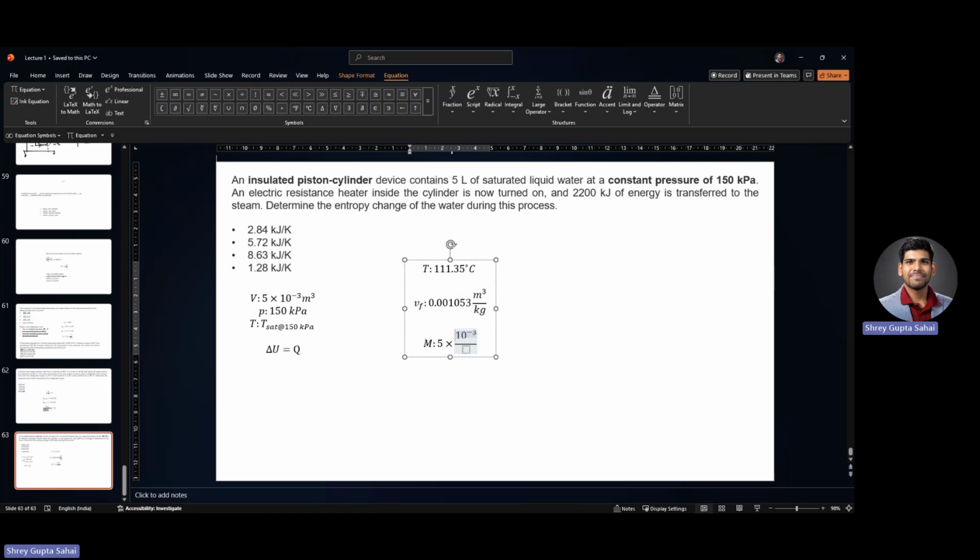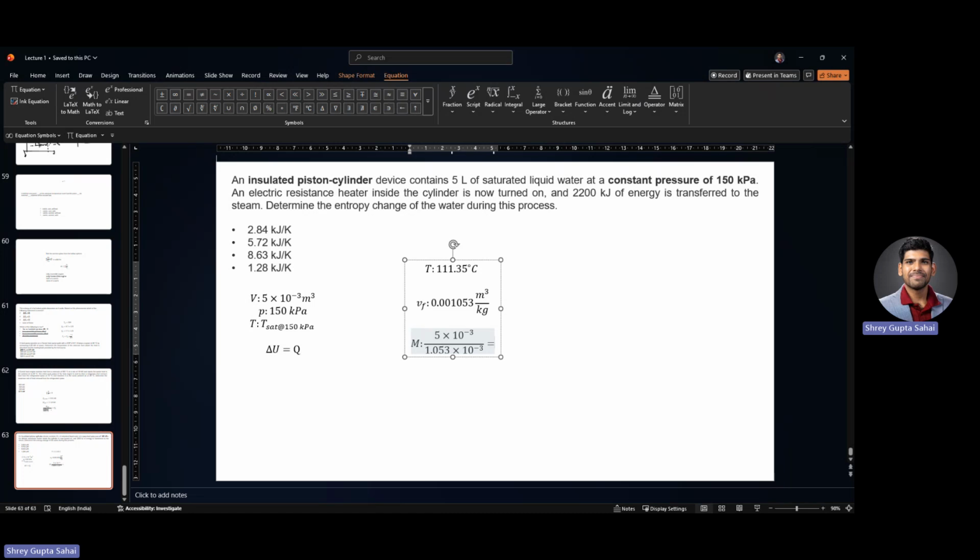So this entire thing can also go into the numerator. We have 1.053 times 10 to the power minus 3, which comes out to be roughly less than 4.9 or something kgs.